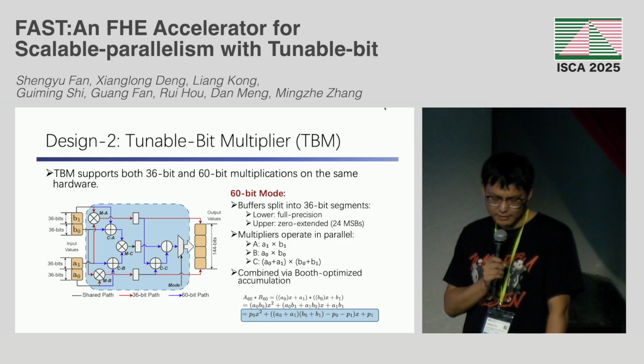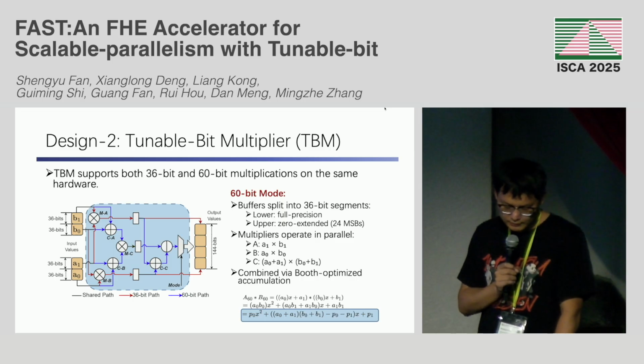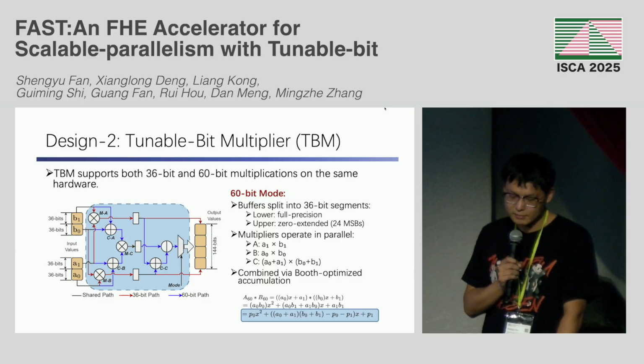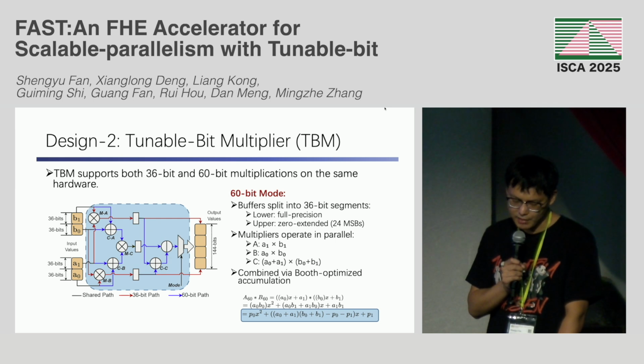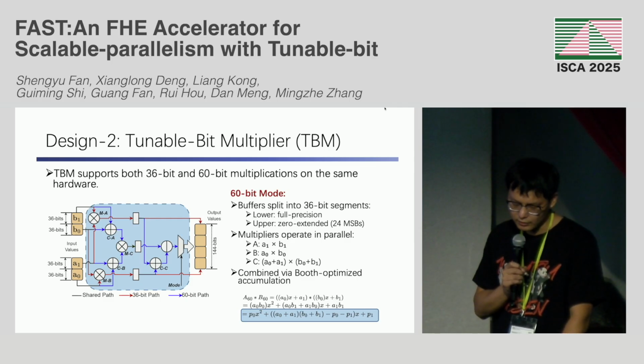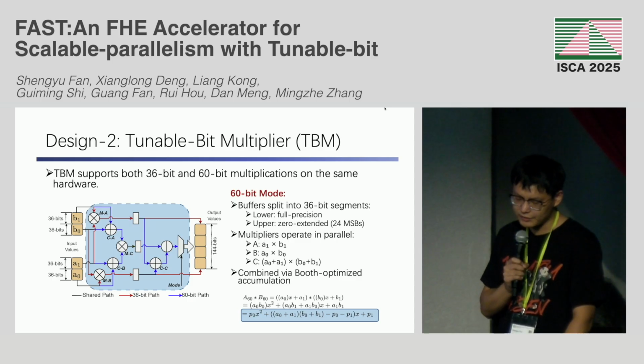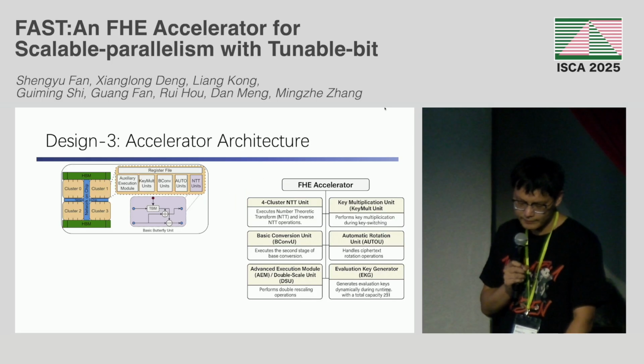They are then combined with the multipliers to complete a full 60-bit precision computation. With this design, our TBM not only adapts dynamically to different precision requirements, but also enhances parallelism and throughput in low precision scenarios, meeting the performance optimization needs of different key switching methods.